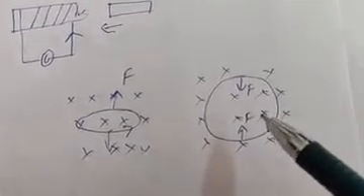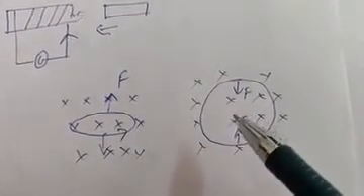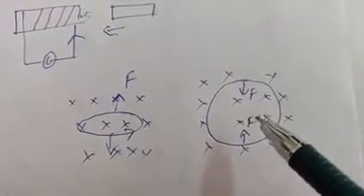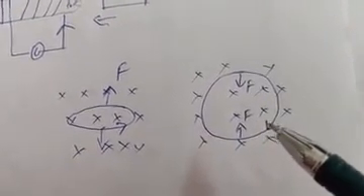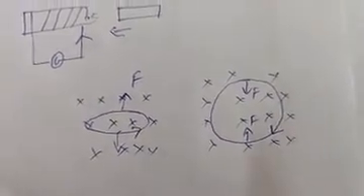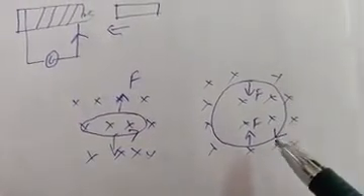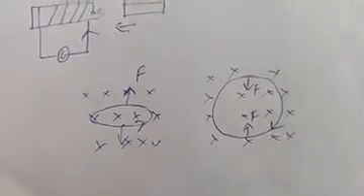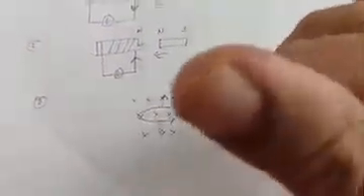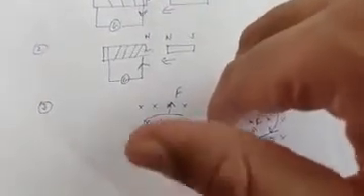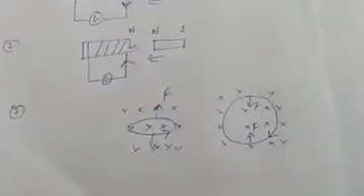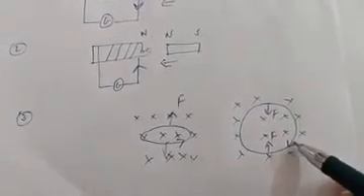Due to the decrease in area, there will be a decrease in the magnetic flux. So the induced current will tend to increase that magnetic flux. It means the magnetic field is inward, so due to the induced current, the magnetic field should be inward. Fingers give the magnetic field, thumb will give the direction of the current. So the current will be like this. That will be the direction of the current.